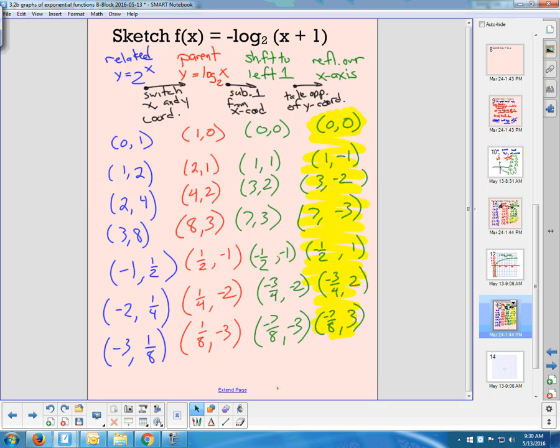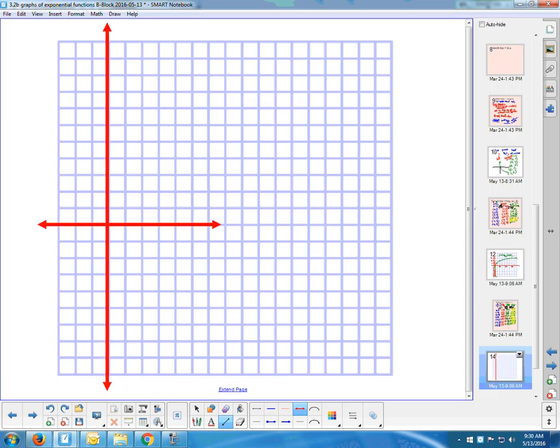So when I go to my graph, it does look like I am going to need some negative x-coordinates, so I'm going to need a little bit of space on the left side of the y-axis. And that is because the vertical asymptote has been shifted 1 unit.